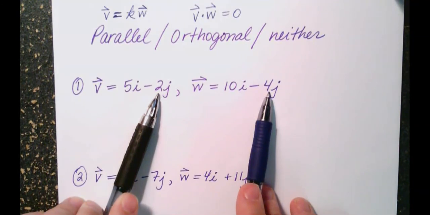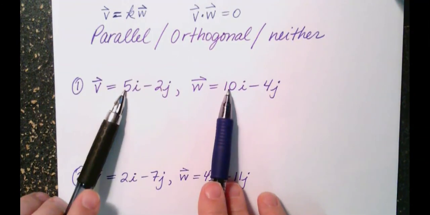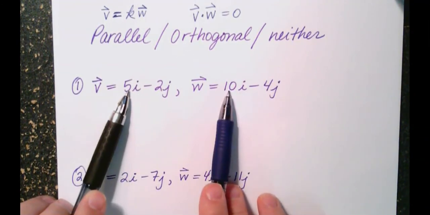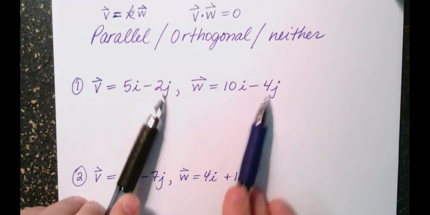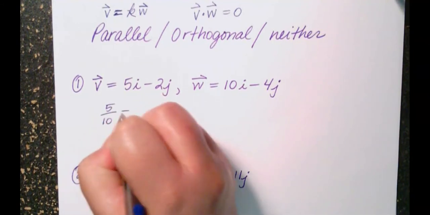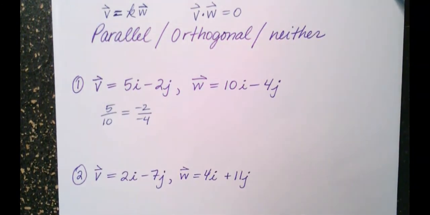Another way of thinking about that is, is the ratio of your horizontal values the same as the ratio of your vertical values? Meaning, is 5 over 10 the same as negative 2 over negative 4? Yes, they're both 1/2.